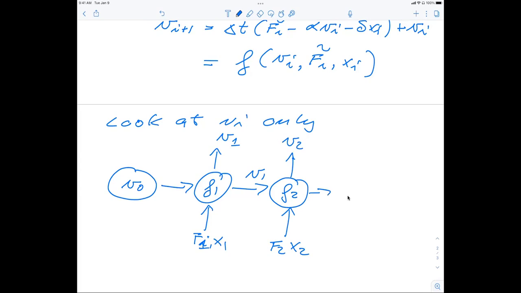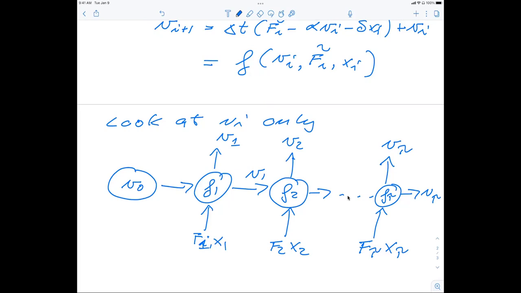Now, this continues all the way to the final time step, which will be some f of tau. That's the final time step where we made these measurements. We have a force f of tau, we have a position x of tau, and this produces a velocity v of tau, and it also outputs the final velocity. So this will be the final velocity of the system here. What you could think of now is that there's some kind of external probe which acts on your system.